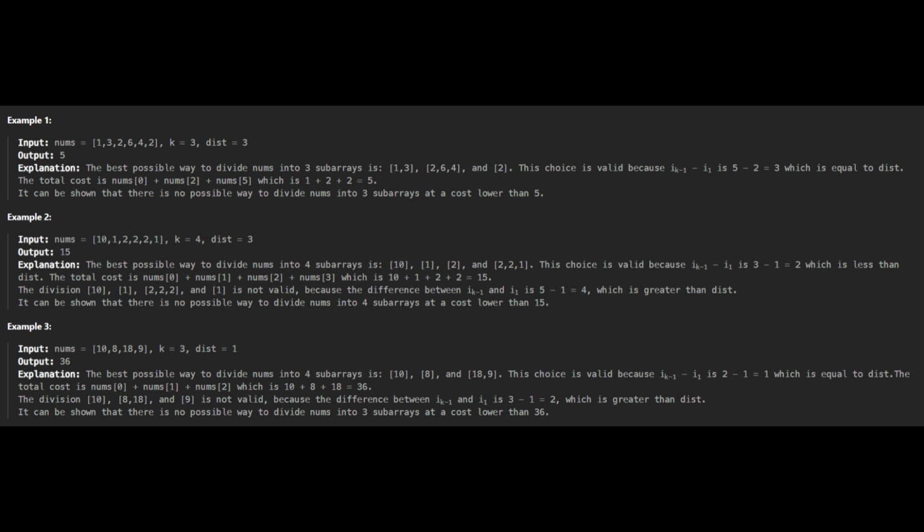Total cost equals 10 plus 8 plus 18, which is 36. Check the distance condition. Second subarray starts at index 1. Third subarray starts at index 2. Difference equals 2 minus 1, which is 1, which matches dist. Any other split would push the starting indices too far apart and break the rule. So the minimum possible cost here is 36.